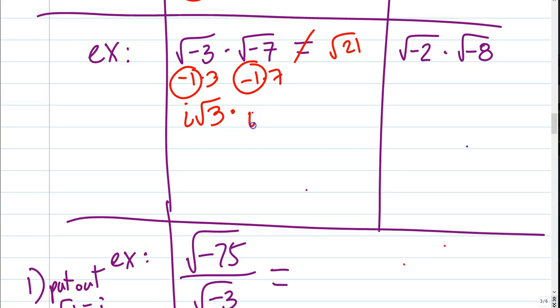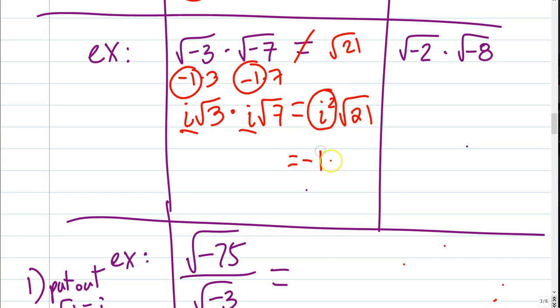Out comes i. So I agree that 3 times 7 is the square root of 21, but i times i is i squared. Don't leave it like this. Look at that first table. What is i squared worth? Negative 1 times the square root of 21, or negative square root of 21. Different answer, isn't it? Don't just multiply them together.